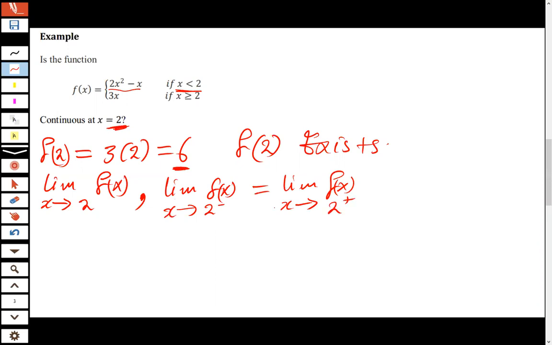So you first find this, then you find this one. If they are equal, then the limit of f of x as x approaches 2 exists. Let us first start with the left.